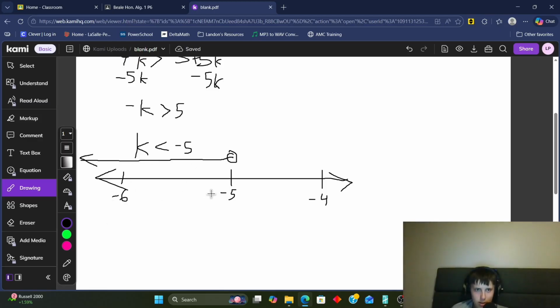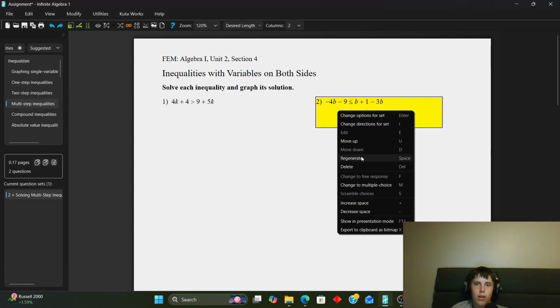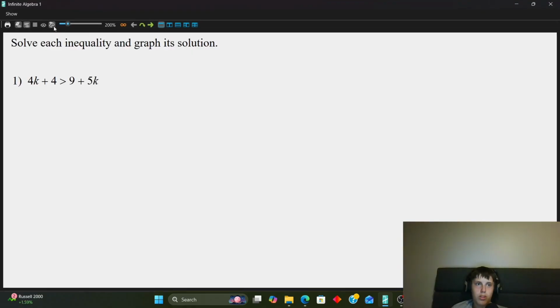Cool. So there's our answer: k is less than negative 5. Go ahead and check on our thing. Yep, there's that. I hope you didn't look at that. I'll just go ahead and regenerate this one. Whoops. Okay, let's go to presentation view.